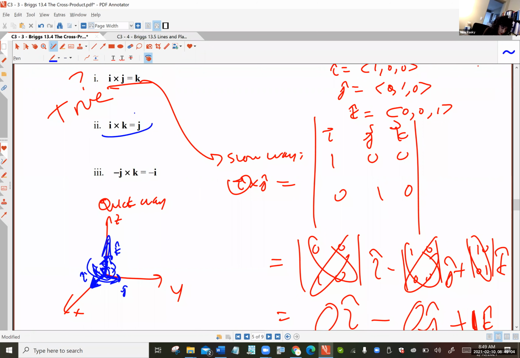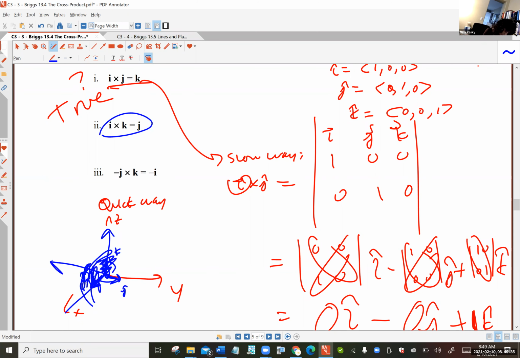Now, what about i cross k? Well, you can do the same thing if you are courageous enough to get this right-hand rule down. You first start your fingers going through the i, and I should probably get sort of behind the paper because you're going to want your fingers to start curving first through i. So here are your fingers. Then they're going to go through k, and then they're going to clamp down and have your thumb sticking out.